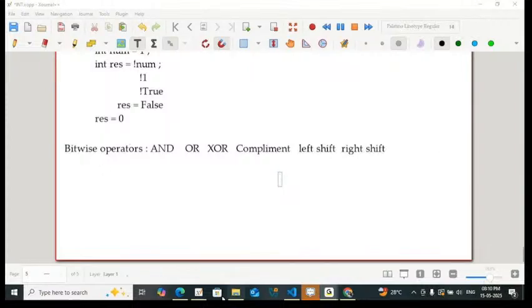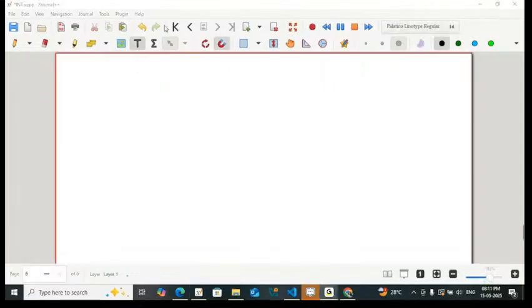Okay, now coming to the bitwise AND. I'm going for one simple example. So this is bitwise AND. Bitwise AND is represented by one ampersand like this. Okay, so bitwise AND takes 2 bits as its input, just like your logical gates.